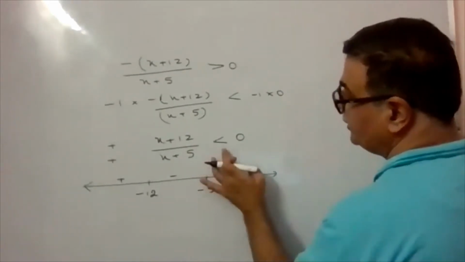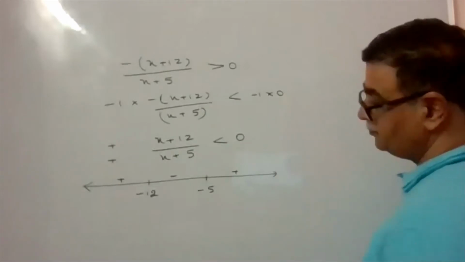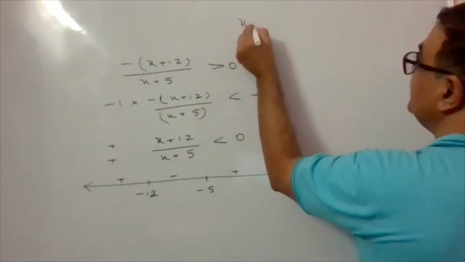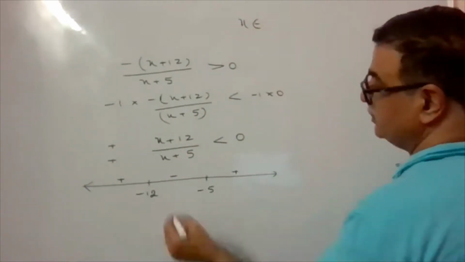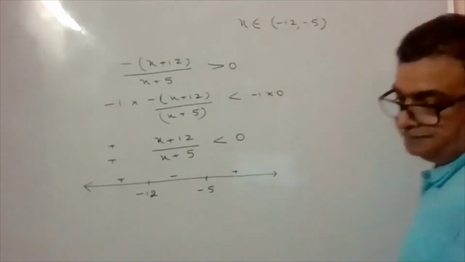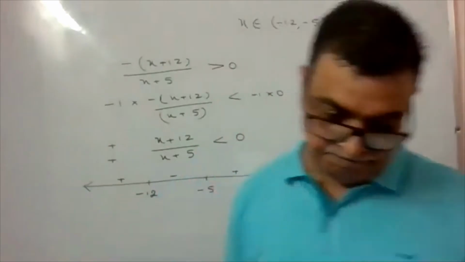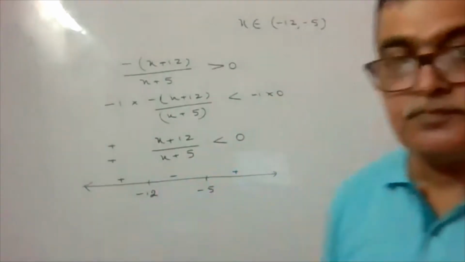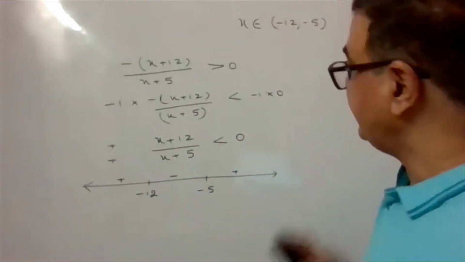So what do you want in the answer? Less than 0, negative. So what should my answer be? x belongs to minus 12 to minus 5. Clear? Next question please.